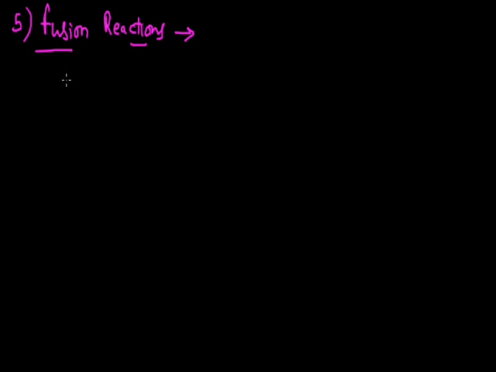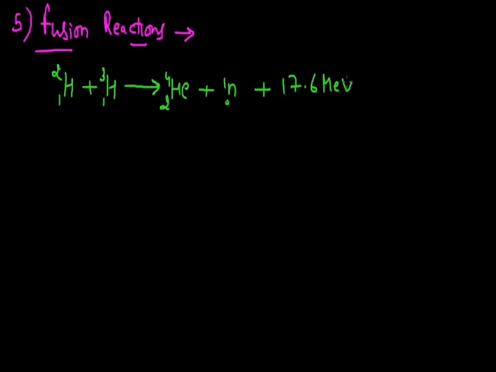Like if I talk about the reaction between the isotope of hydrogen, that is deuterium, and another isotope of hydrogen, that is tritium, then as these two react, as the product we get the nuclei of helium He-4 with the formation of 1 neutron, and approximately 17.6 mega electron volt energy is released.